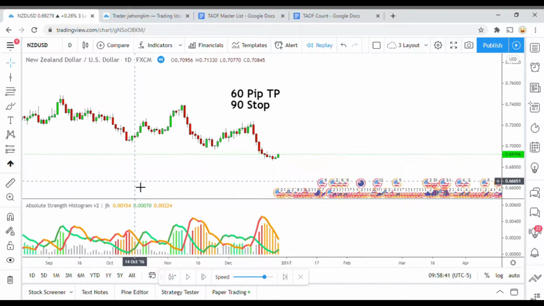Now, the creator of the indicator did not give us any kind of indication of exactly how to trade the indicator, which again has been extremely frustrating in our process of testing indicators.